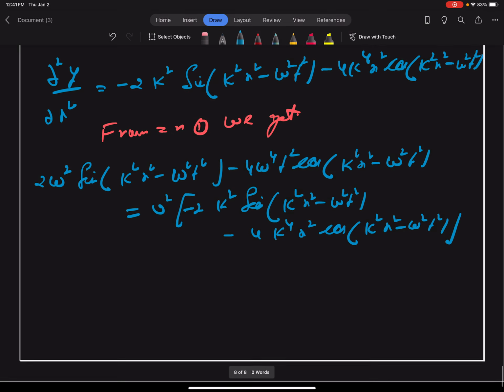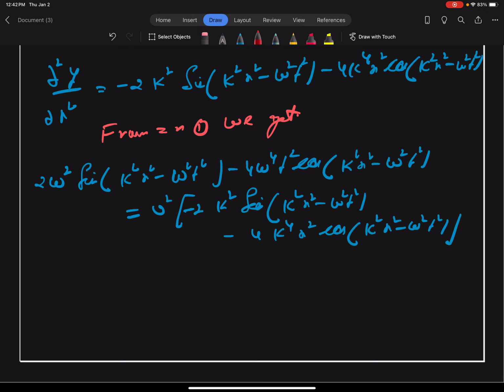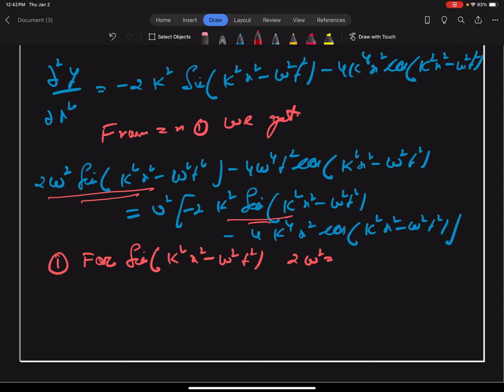And if we equate the terms, we can clearly see for the sinusoidal function on both sides. Okay, so let me say here that for sine of k square x square minus omega square t square, we can write that our 2 omega square minus 2 v square k square.